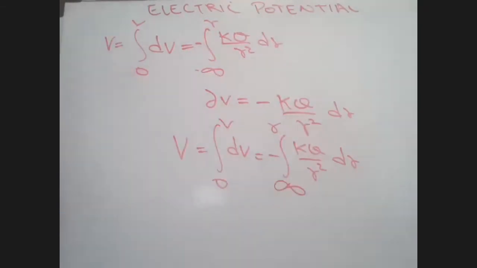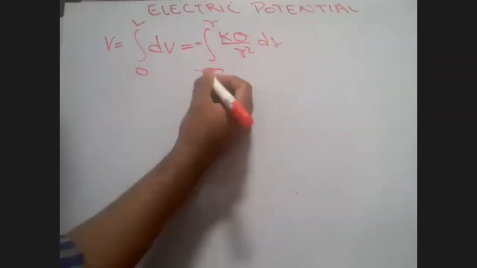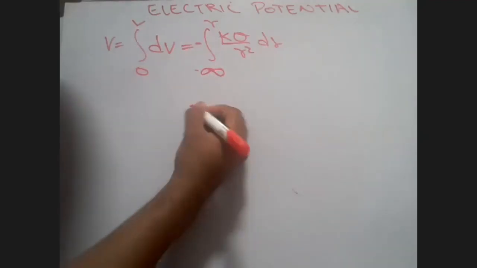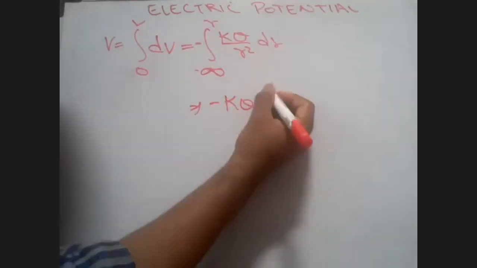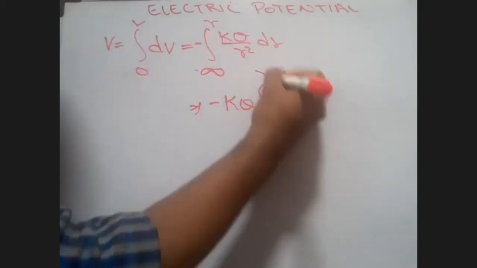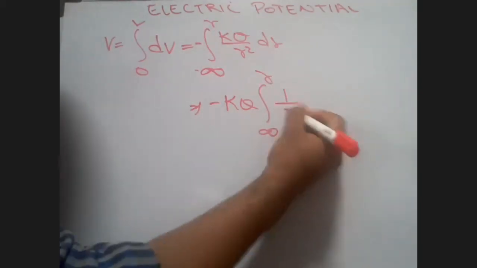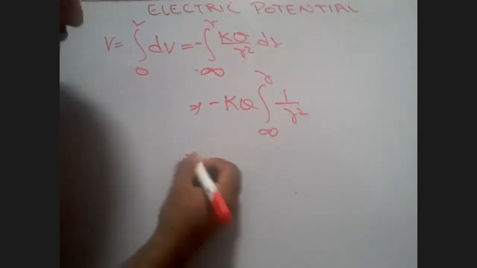What is going to be the integration now? Before that, what are the constants? I remove the minus, I take KQ outside, and I have the limits infinity to R, and 1 upon R square. What is the integration of 1 upon R square?